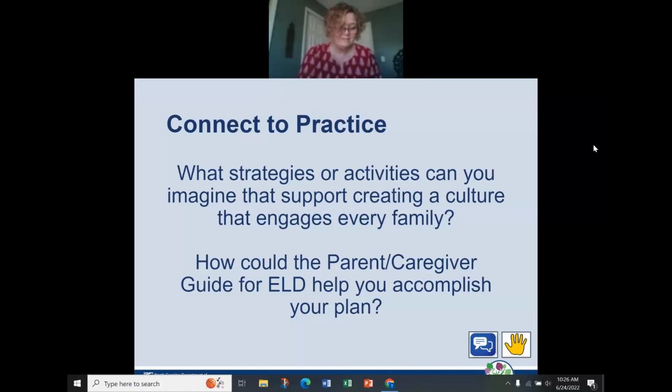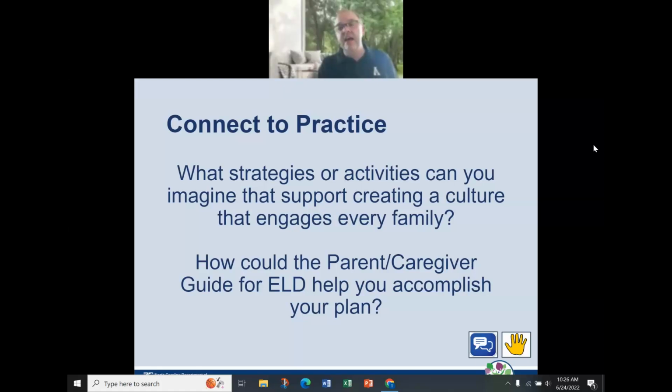So somebody mentions administrator must take the lead and get all the staff invited. And that is an absolutely crucial point. If this is the work you want to do, you need to get your administrators involved because really they set the tone for the building. So if your principal doesn't really want families involved, it's going to be really hard to make those steps.